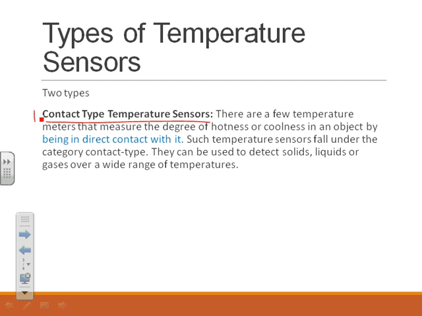As the name implies, these sensors measure temperature by direct contact. So, the devices that measure the temperature while in direct contact with the object are categorized as contact type temperature sensors.